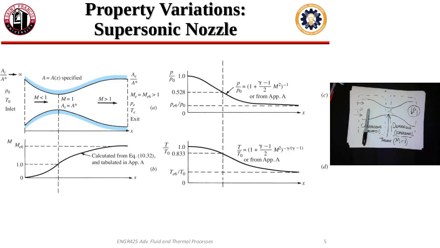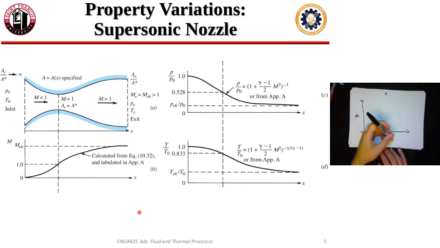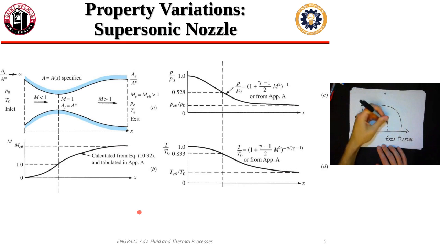Sorry, I'm trying to find a slide here, but it's not working. So I'll draw it. This is what's called the choked condition. If I drew a graph with m dot, mass flow rate, on the vertical axis and exit pressure on the horizontal axis, what I'd see is that after a certain point, m dot is constant.